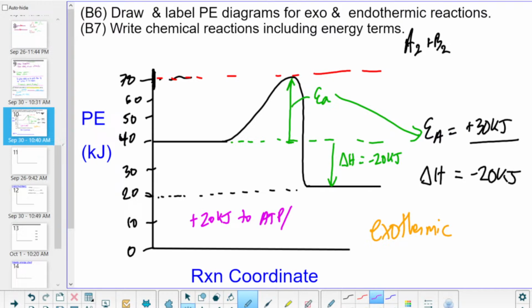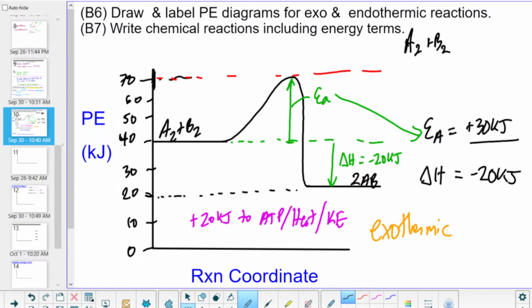What else? Heat. Or any form of kinetic energy. So that energy was captured, went out, blew up, made a bang, drove a car engine, or was captured as ATP, depending on the reaction. Now this reaction is probably not ATP because we're putting something together.